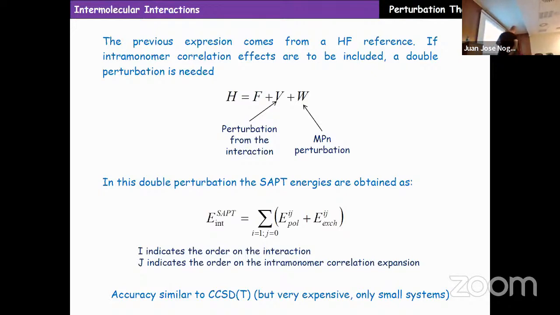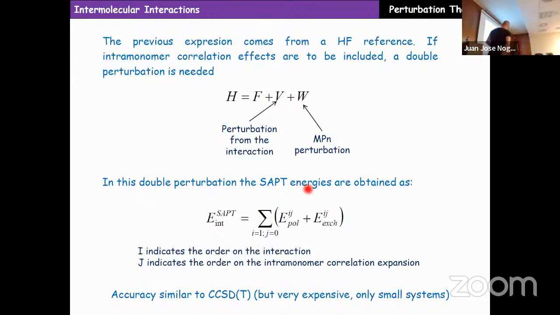So how do I do that? Well, what we do is a double perturbation scheme. So we have two perturbation operators. V is the intermolecular one, and W here is the intramolecular one. This W operator is the perturbation operator in, for example, the Møller-Plesset method. Okay.